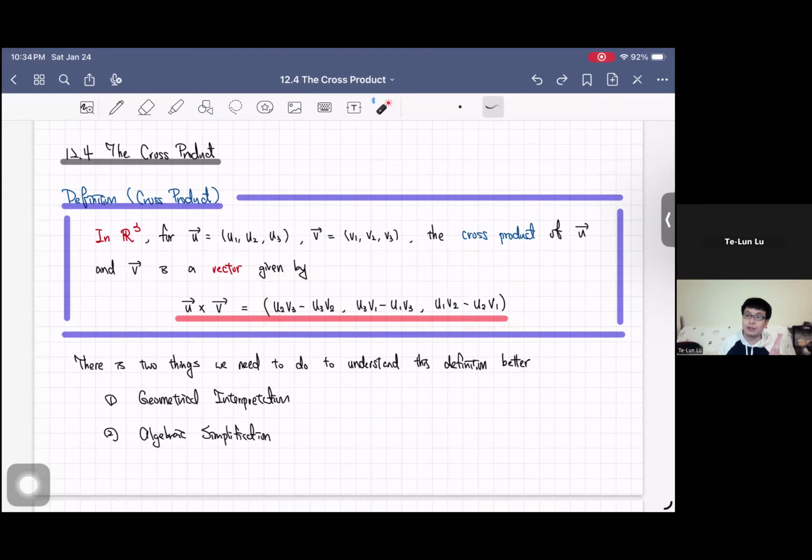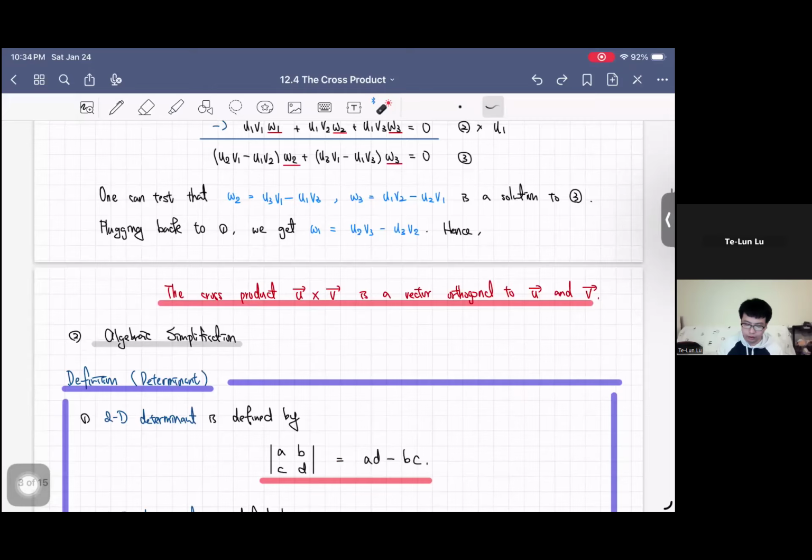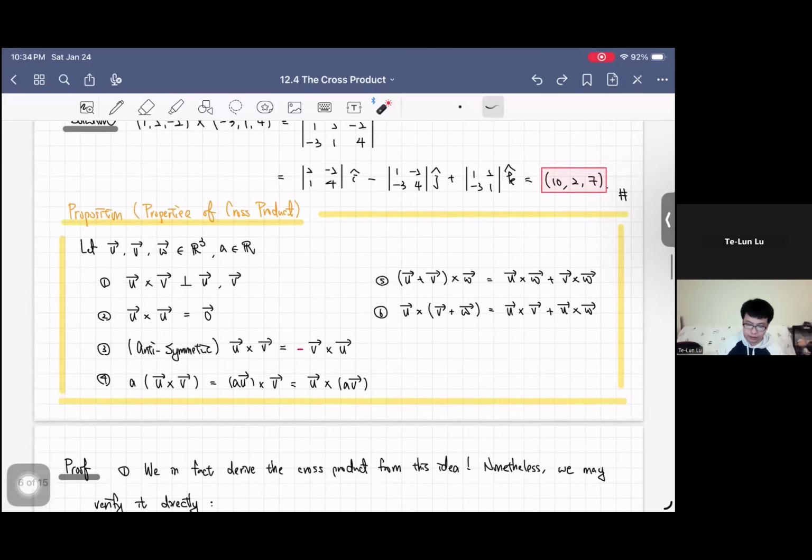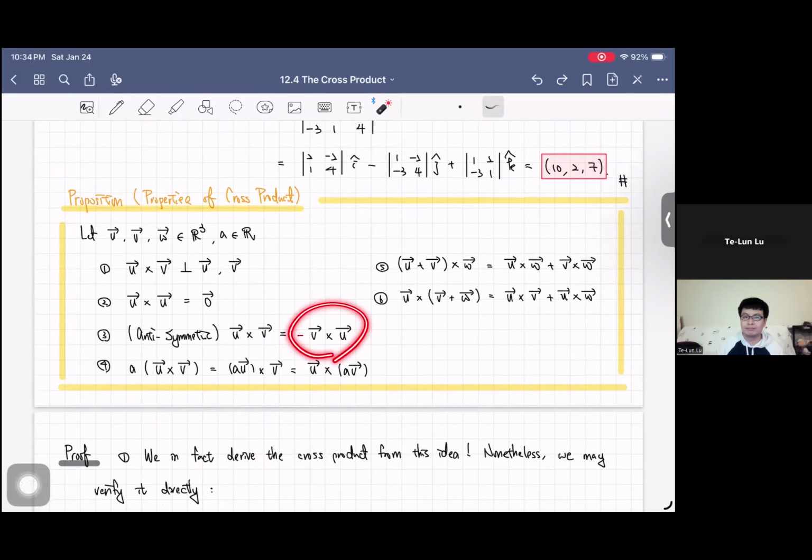If you are dealing with v cross u, then it should be v2 u3 minus v3 u2. And that is exactly the negative of this number, right? And the same thing works for the y and z coordinates. So u cross v is always minus v cross u, which is different from dot product.